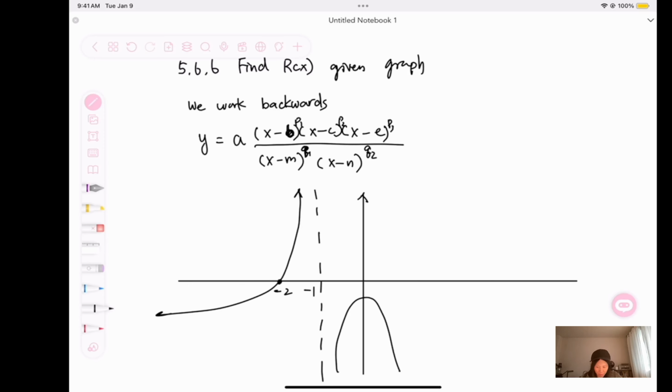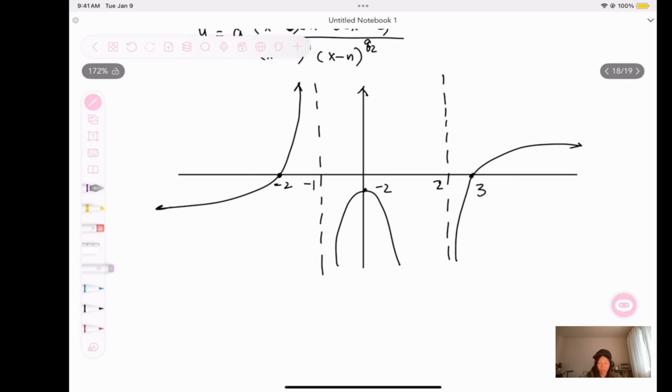There is a y-intercept at -2, vertical asymptotes at -1 and 2, and x-intercepts at -2 and 3. Sorry, my brain doesn't work. On the y-axis this is -2, and on the x-axis this is 2, and this is 3. Based on this graph, we need to find the equation.